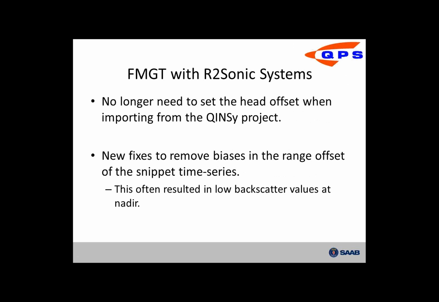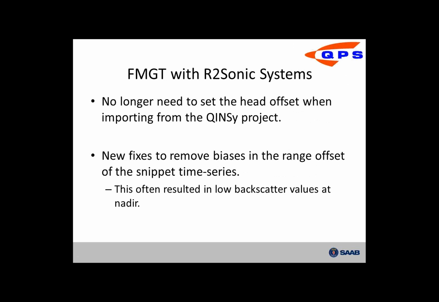Now, I want to highlight a few different parts of the current FMGT. One thing with R2Sonic Systems: with the latest releases, 7.3 as well as 7.4, you no longer need to set the head offset when you're importing from the Quincy project. Also, there were a number of fixes to remove biases in the range offset of the snippet time series.